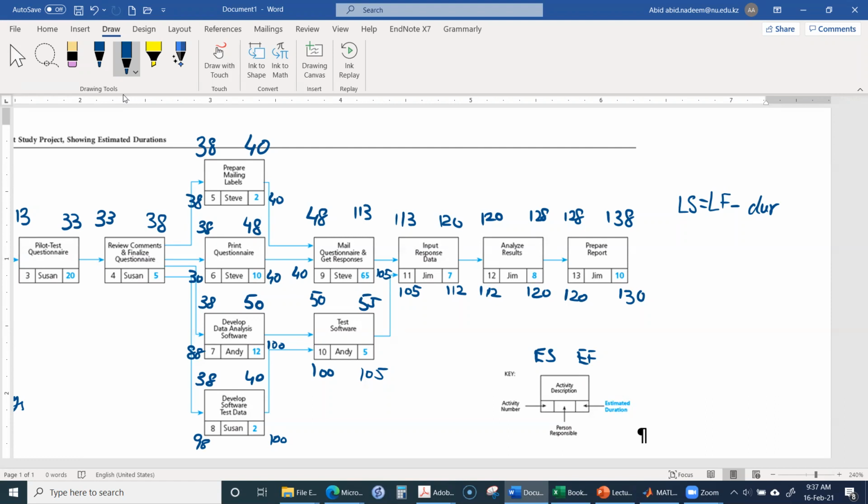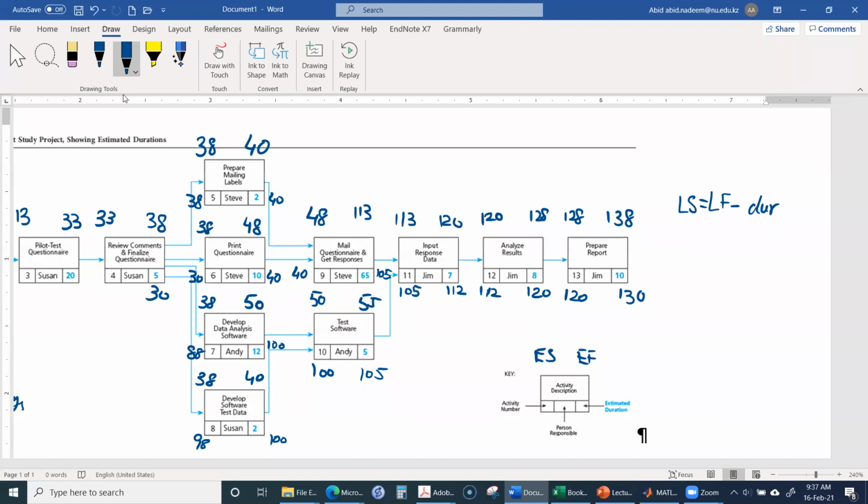Now what will be here? Out of these four, 38, 30, 88, and 98, we will take 30, the lowest.